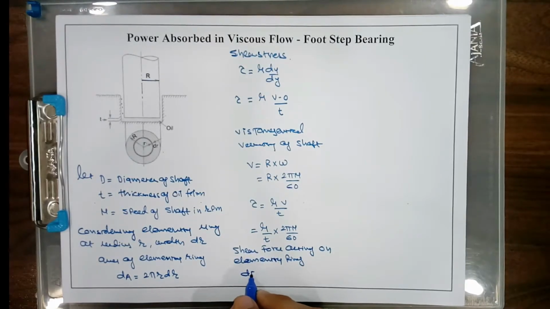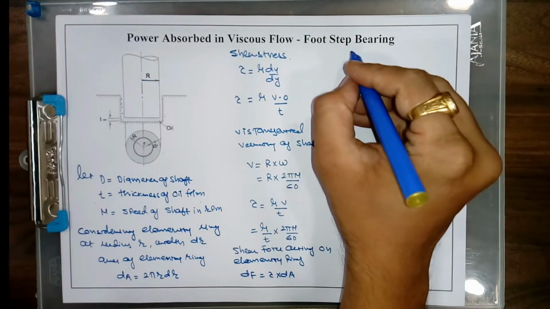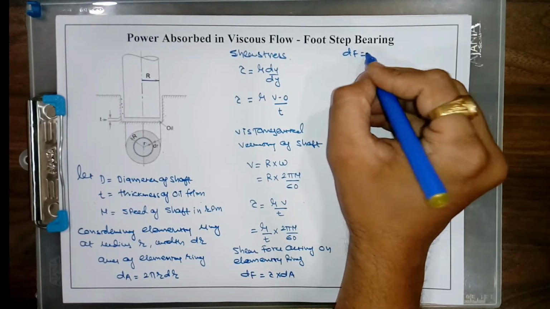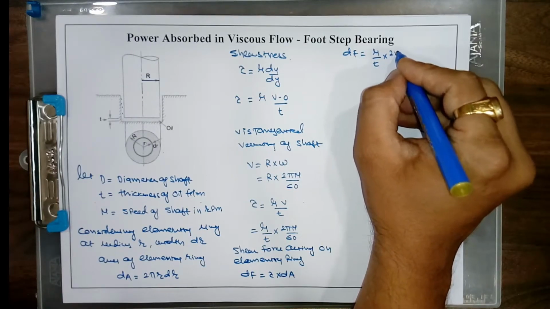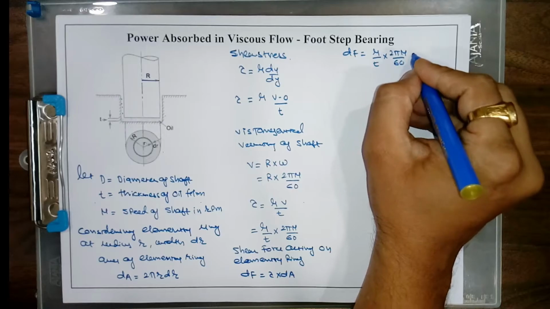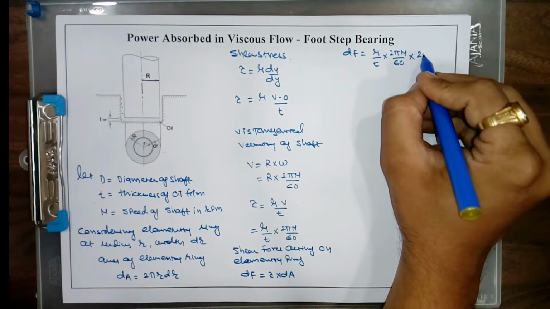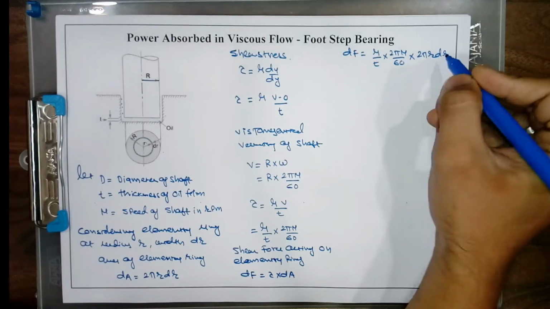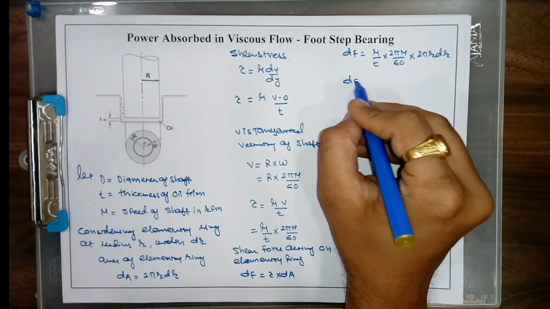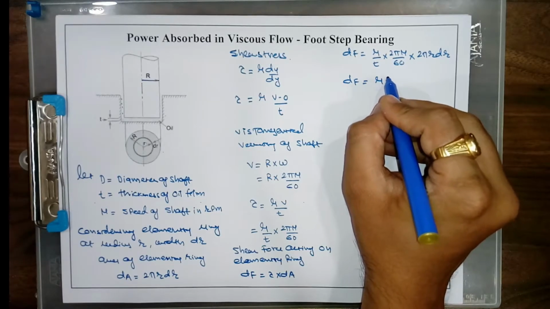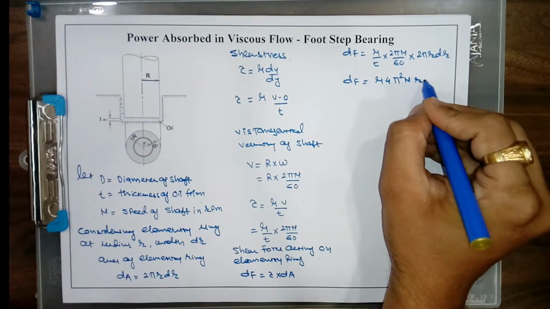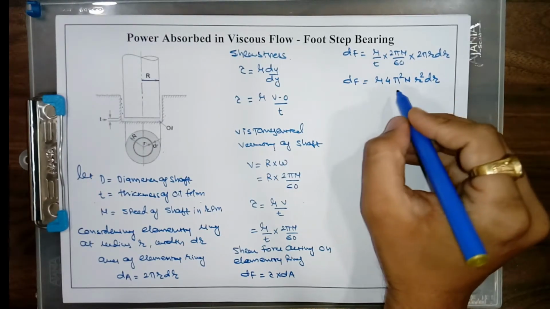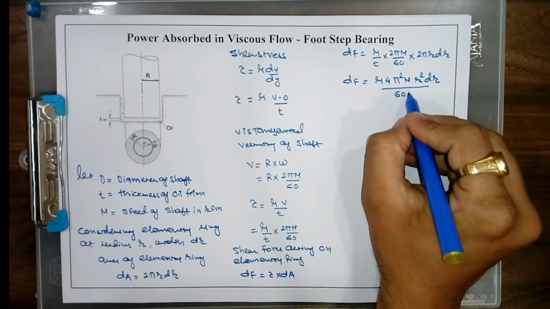So dF equals tau into dA, and tau equals mu by t into 2 pi N r divided by 60, into dA, that is 2 pi r into dr. So the value of dF is mu 4 pi square N into r square into dr divided by 60t.